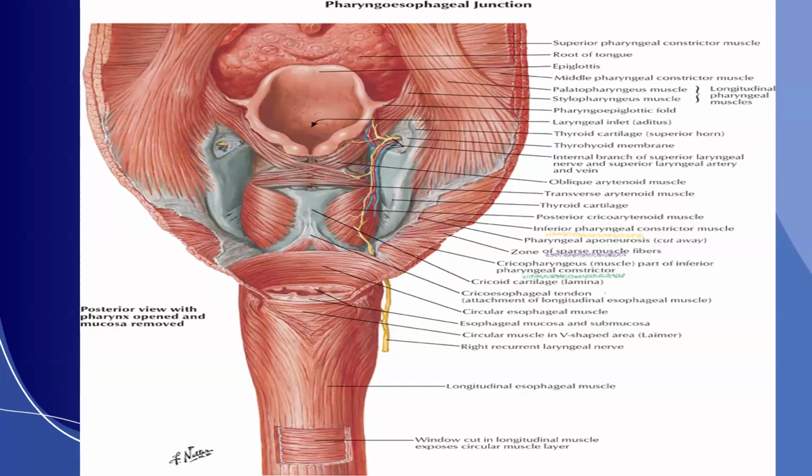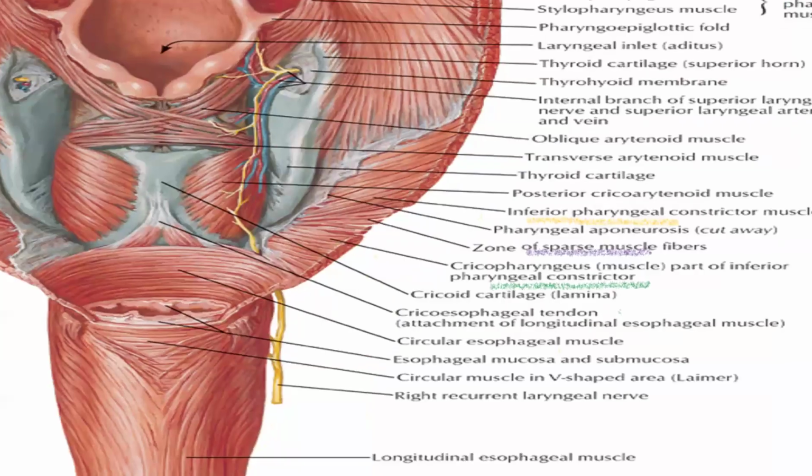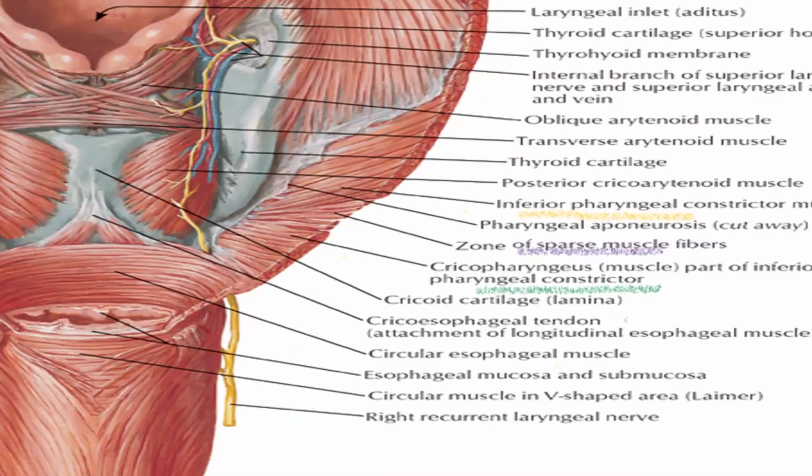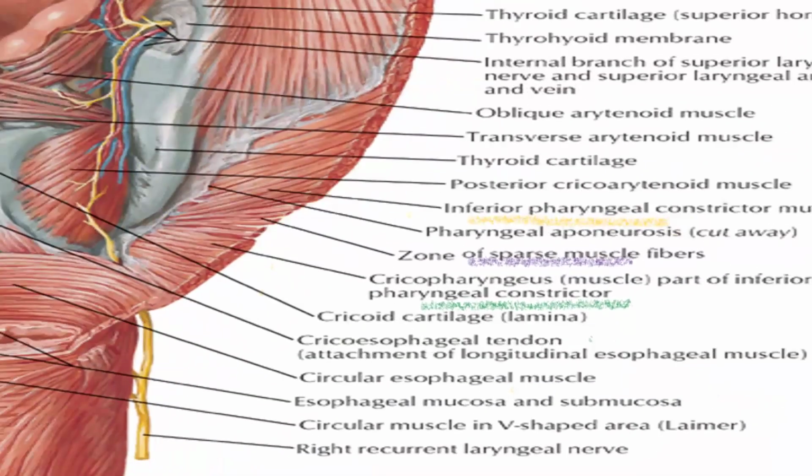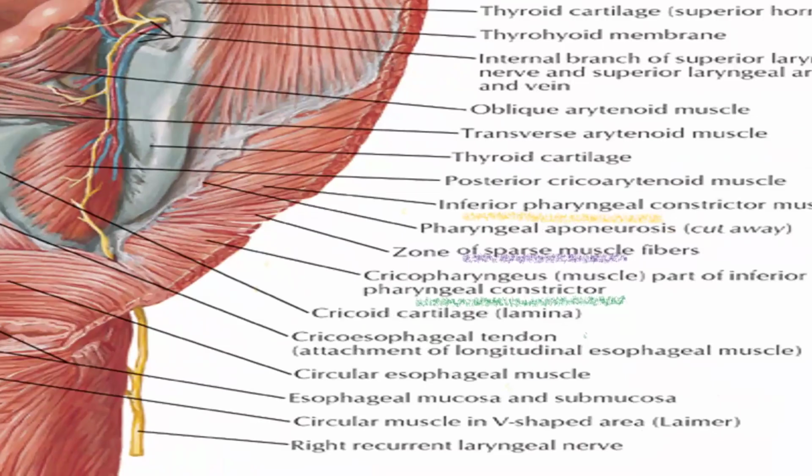As I have mentioned earlier, this is the zone of sparse muscular fibers, which I have denoted. If you have a pointer, point out the muscles that you're talking about, ma'am, because it's too small to be seen. Is it now better, ma'am? No, instead of zooming in, if you have a pointer, point directly to the muscle.